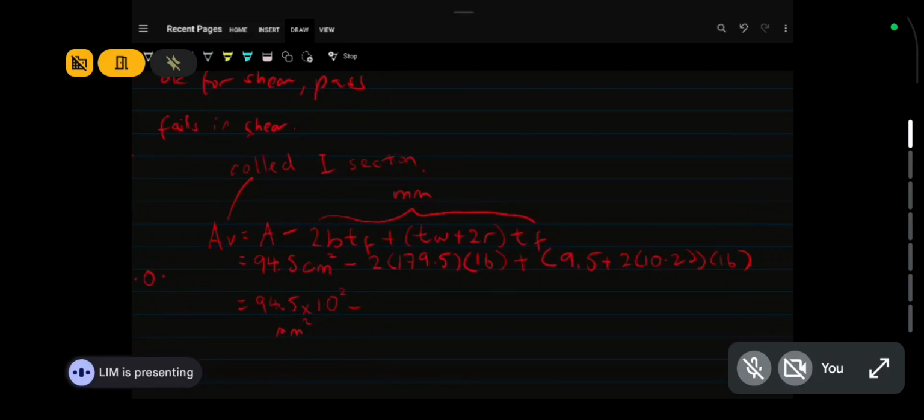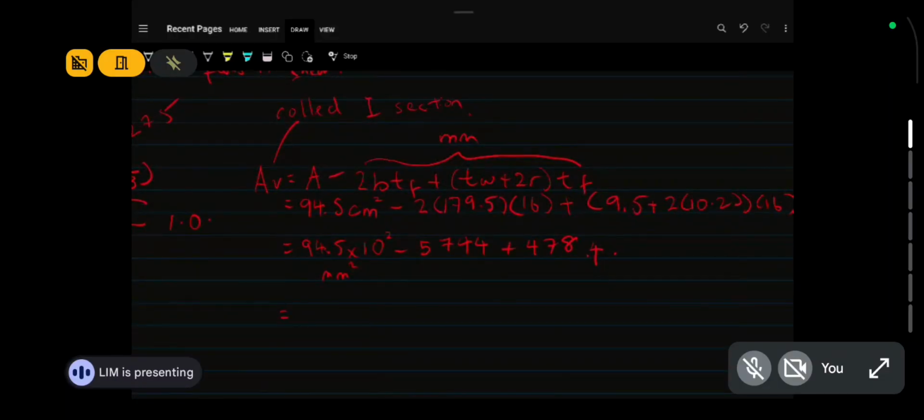Minus 179.5 times 16 times 2, which is 5,744, minus 20.4 plus 10.5... plus 478.4.